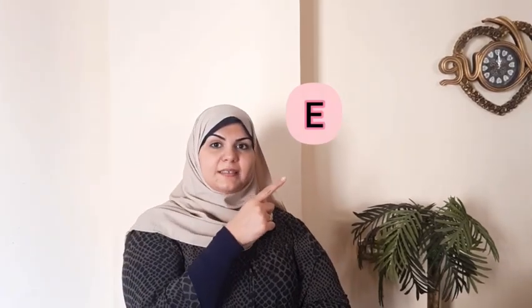In English, we have 5 vowel letters, which are A, E, I, O, and U. And the rest of the letters are called consonants, like the B, C, D, F, and so on. And there is something else. There is a big difference between the name of the letter and its sound. Let me give you an example.